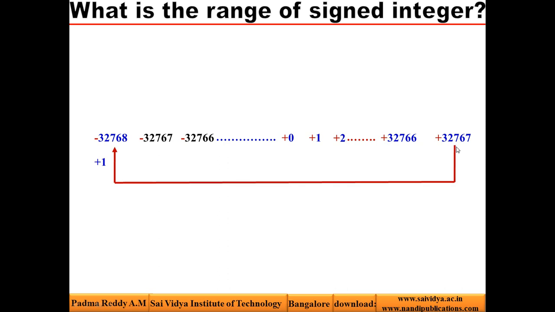So plus 32,767 plus 1 is minus 32,768, plus 32,767 plus 2 is minus 32,767. Similarly, if I add plus 3, I should get minus 32,766 and so on.